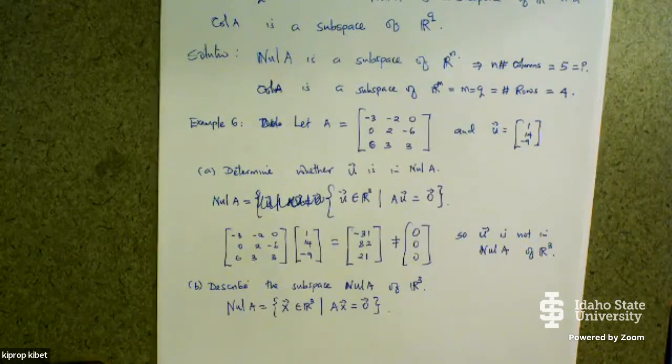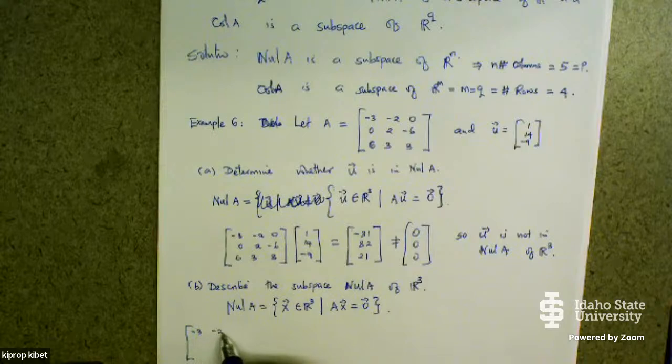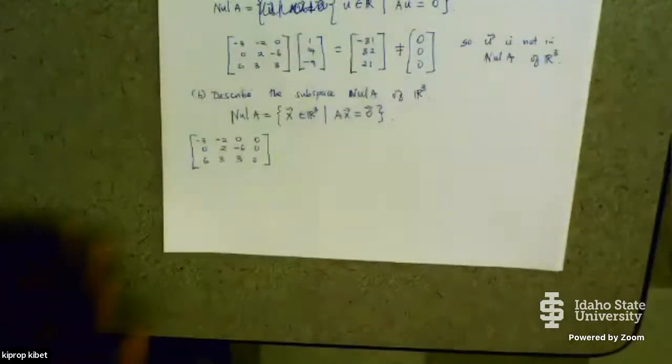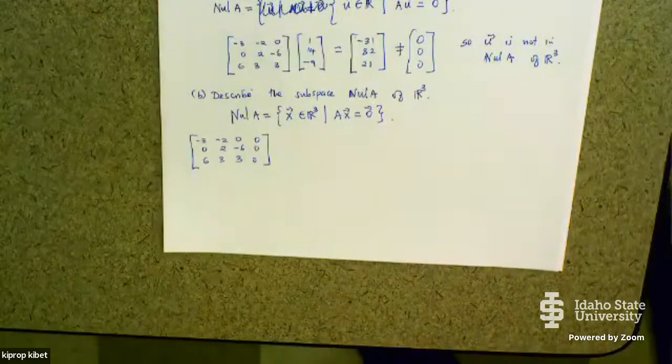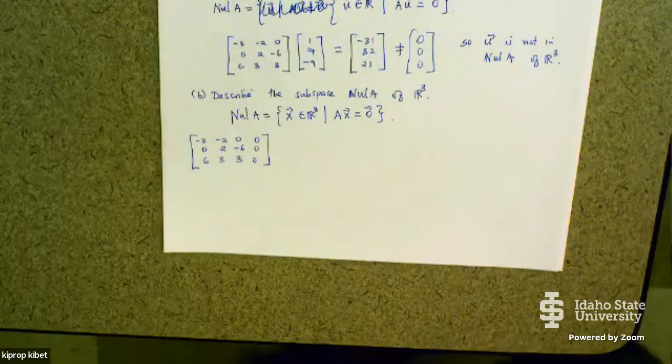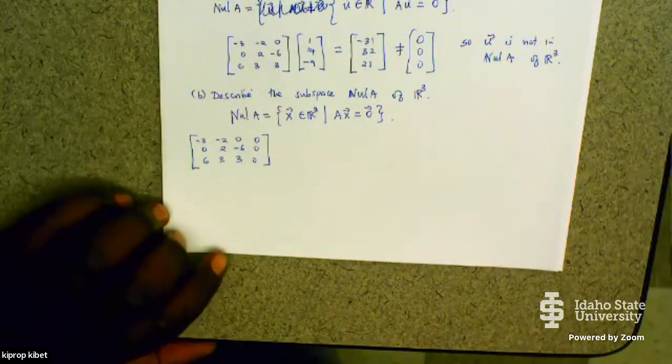So we write the augmented matrix here, which is -3, -2, 0; 0, 2, -6; 6, 3, 3, and then 0, 0, 0. And then we reduce it completely.